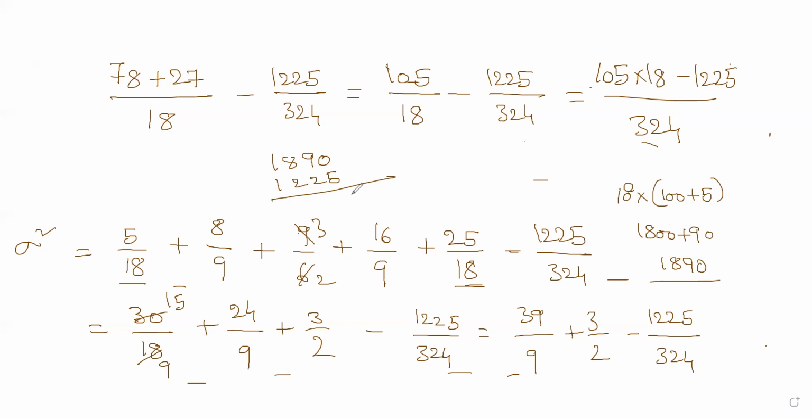So 5 minus 5 is 0, 9 minus 2 is 7, no wait, 0, 665. Sorry. So it's, yes, 1 minus 1 is 0. Correct. So it is 665 divided by 324.